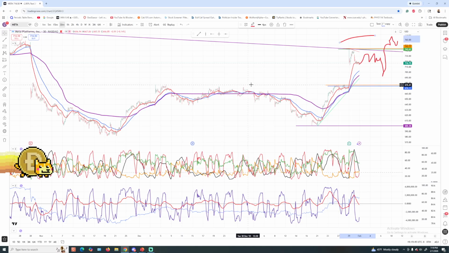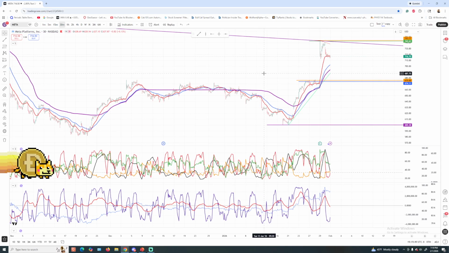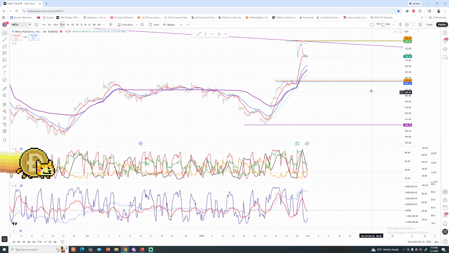So yeah. Pretty much waiting till Meta breaks above 744. If not, it'll probably have a downtrend, but there's no signs of it yet.